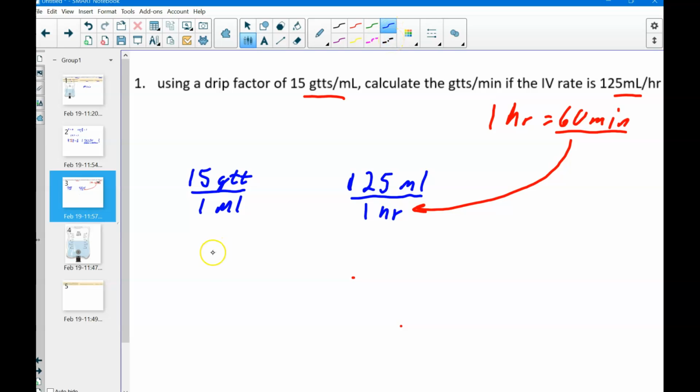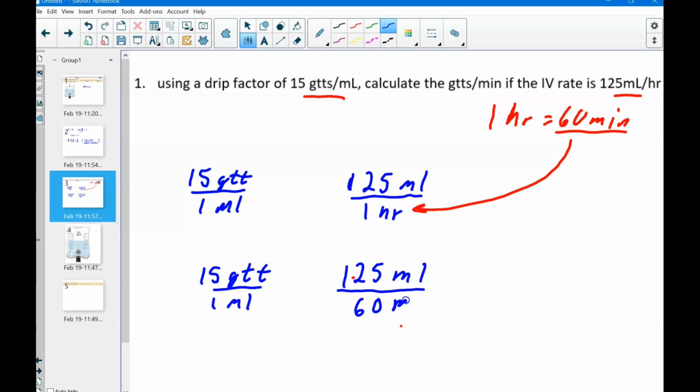We have two numbers: 15 GTT per mil, and we have 125 mils over 60 minutes.